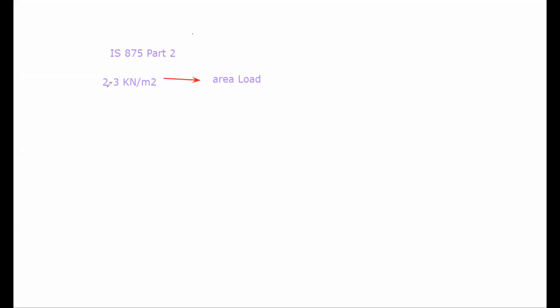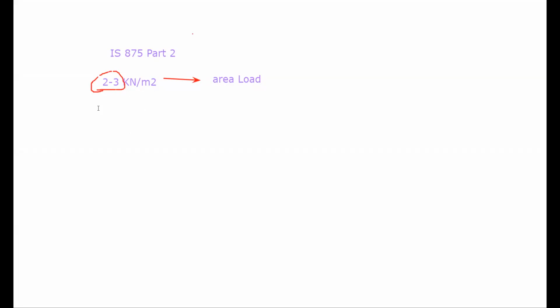Now this will be ranging from 2 to 3. For different types of rooms, like hall, bedrooms, kitchen, utility room, and toilets, all this depends upon the different types of usage.